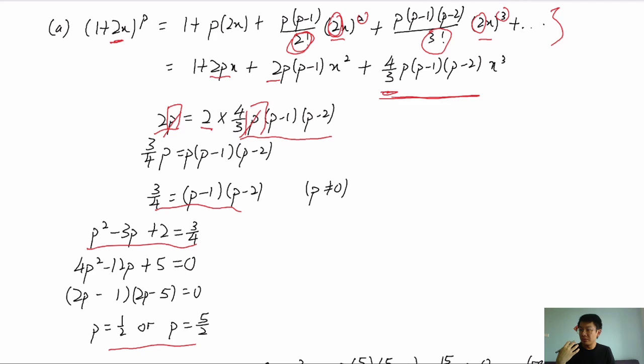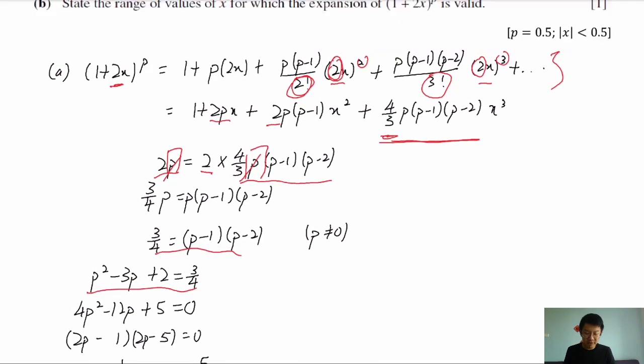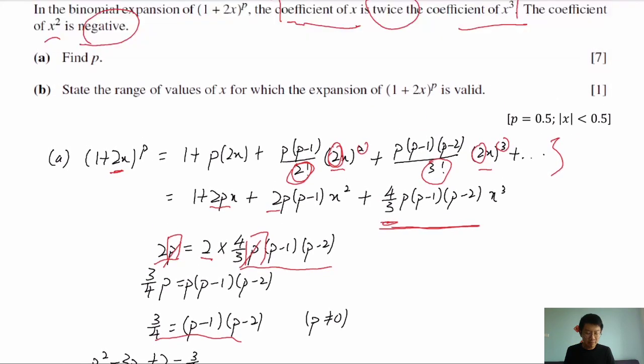This is where the second piece of information comes in. It says that the x squared term is negative. So we have to look at what our x squared term is again. Our x squared term is given by this one. We substitute the values of p into this and check which one gives us the negative.